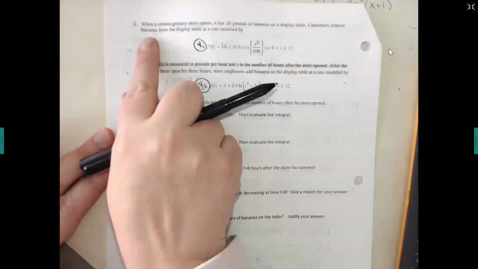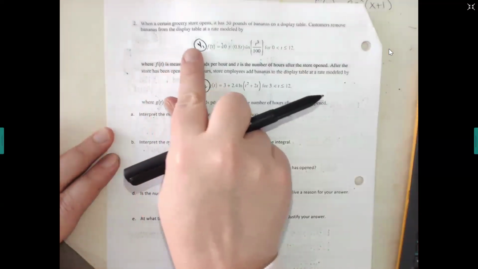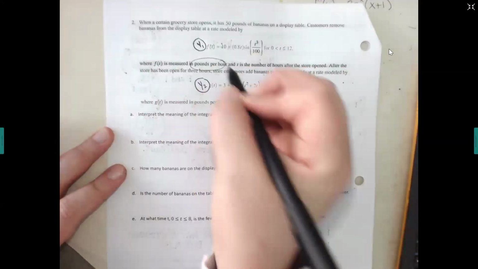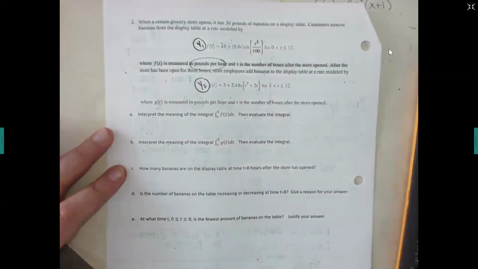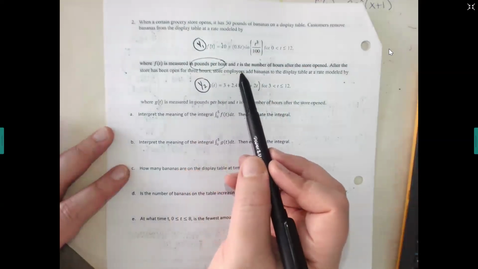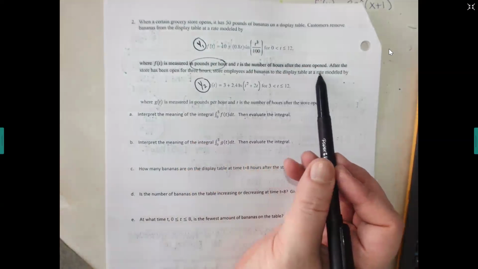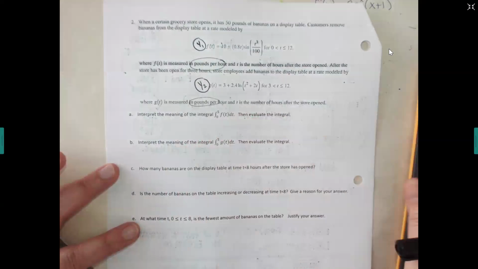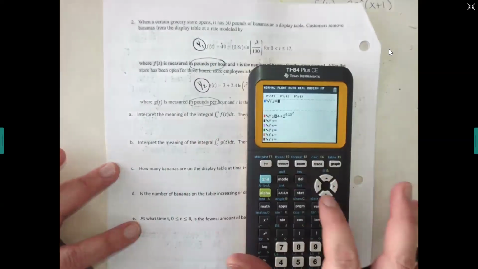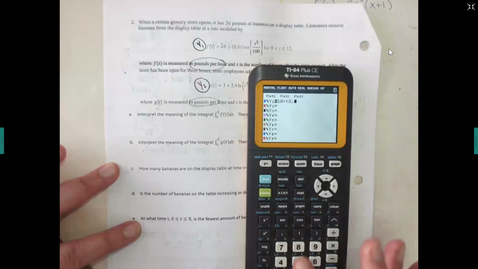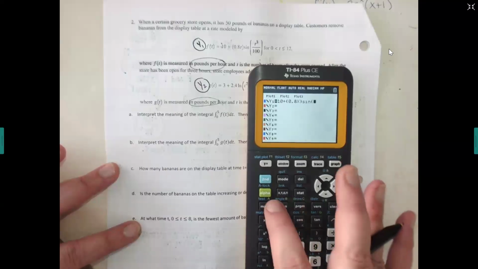Customers remove the bananas from the table at a rate modeled by this, measured in pounds of bananas per hour, and T is the number of hours after the store opened. After the store has been open for 3 hours, employees start to add the bananas back to the table at a rate given by your Y2, also pounds per hour. So once you have that typed in, I want you to label on your paper which is the in and which is the out.